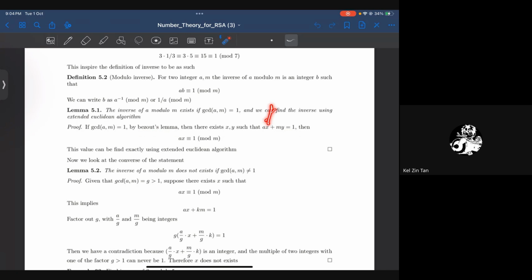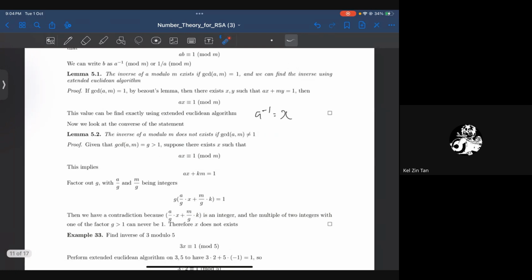So this x is exactly our A inverse. Our A inverse will be the x we found from Bezout's lemma. The x can be found using the extended Euclidean algorithm, which we talked about last week.